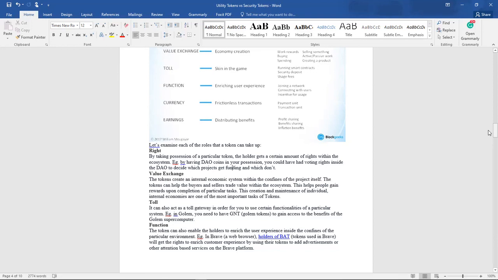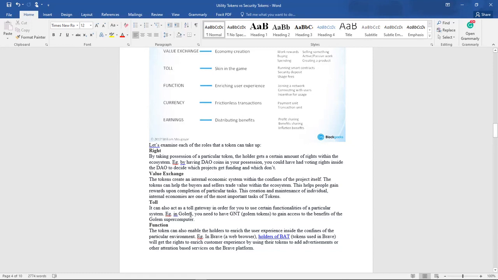The creation and maintenance of individual internal economies is one of the most important tasks of the token, and that's how you are able to see whether the coin has created value. And it's really important, if a coin has a value exchange, that you are able to exchange it for a certain value. So we have toll.